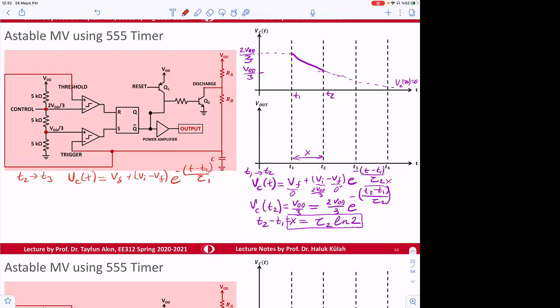So what is the final value here? It's trying to go to VDD. So this is VDD. What is the initial value? VDD divided by 3, and the final is VDD. And then what happens when VC reaches T3? At that time, the output voltage will reach 2/3 of VDD.